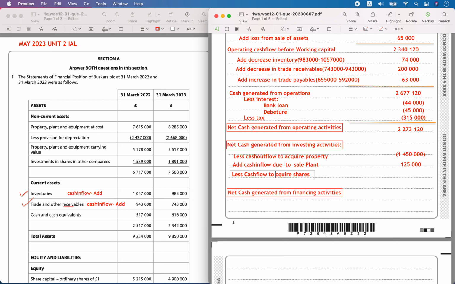The value is going to be 1891,000 minus 1539,000. So let's calculate that. That is going to be equal to 352,000. This is a cash outflow that has happened.